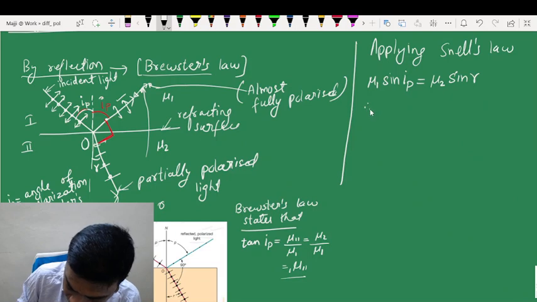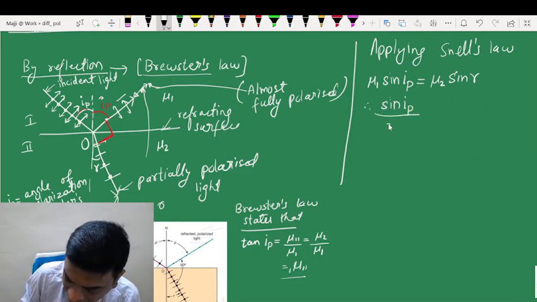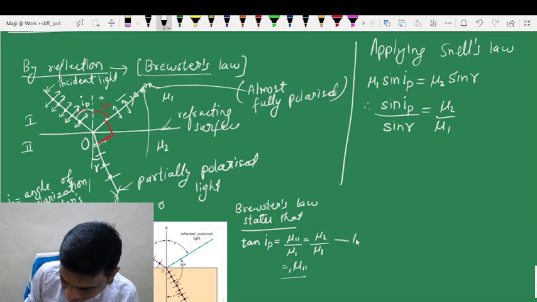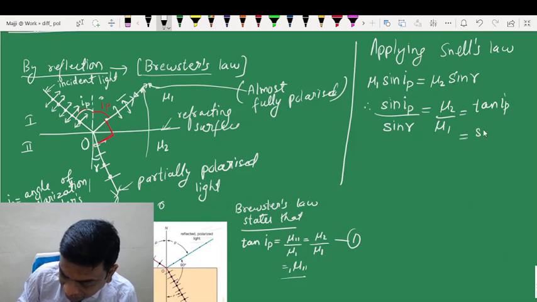Therefore, sine of polarizing angle upon sine of R is equal to mu2 by mu1. But what is mu2 by mu1, students? It is also equal to tan IP, and tan IP can be rewritten as sin IP upon cos IP.